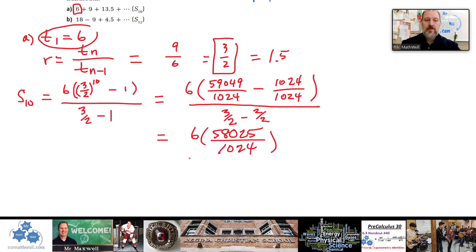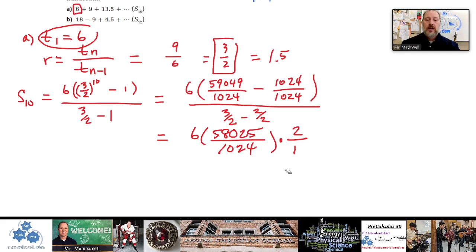Now we may be able to simplify this, which would be really nice. And 3 over 2 minus 2 over 2 is 1 over 2. So there we got a whole mess of fractions. No big deal. Don't panic. If you divide by a fraction, that's the same as flipping and multiplying. So I'm going to multiply by 2 over 1, and that's going to get rid of the fraction on the bottom. That's going to be handy.